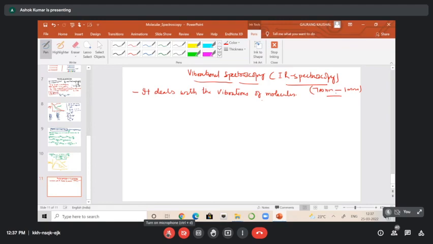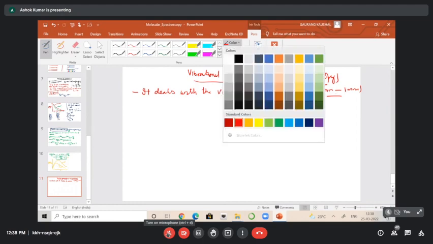Okay, so let me firstly describe the simple harmonic oscillator example. So actually, that molecule is not a simple harmonic oscillator. There will be some anharmonicity as well. So firstly, let me describe this simple harmonic oscillator, then I will be discussing the anharmonicity in that particular thing.